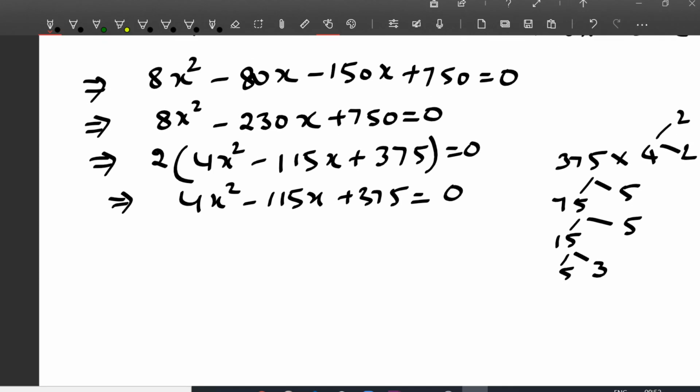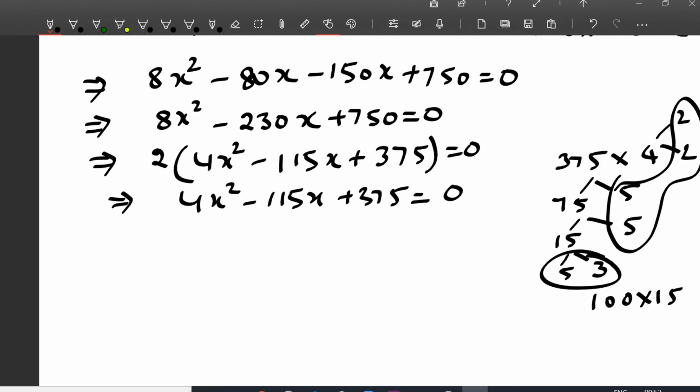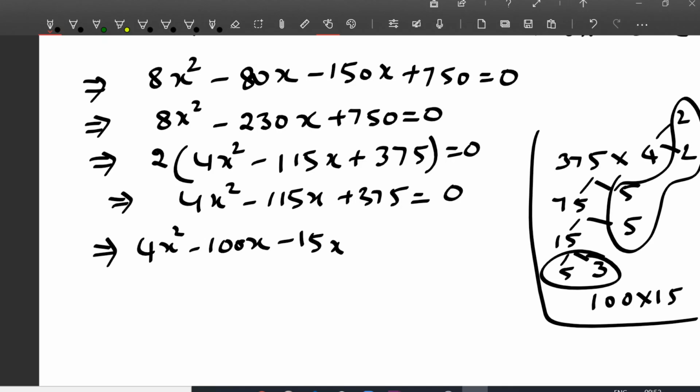Now 25 into 4 is nothing but 100, and this 15, so 100 into 15, which will give us 4x square minus 100x minus 15x plus 375 will be equal to 0.